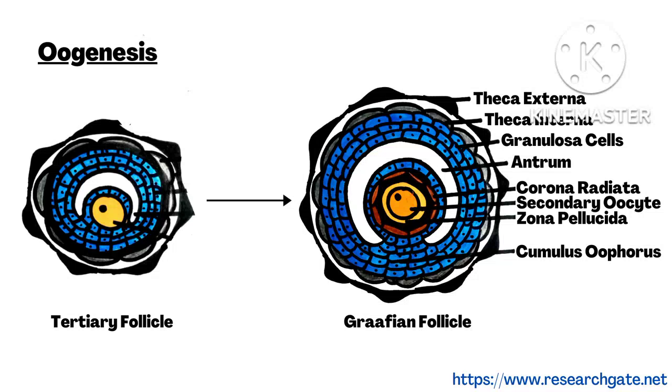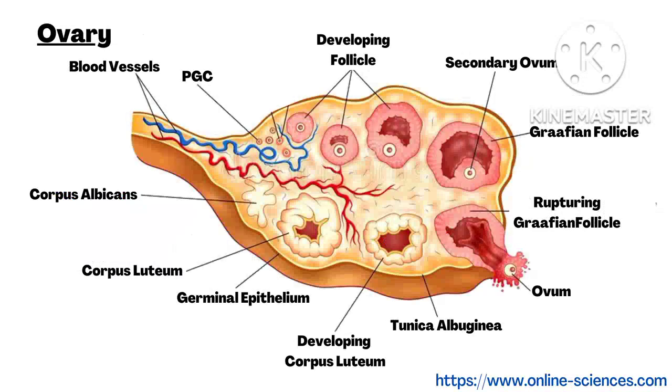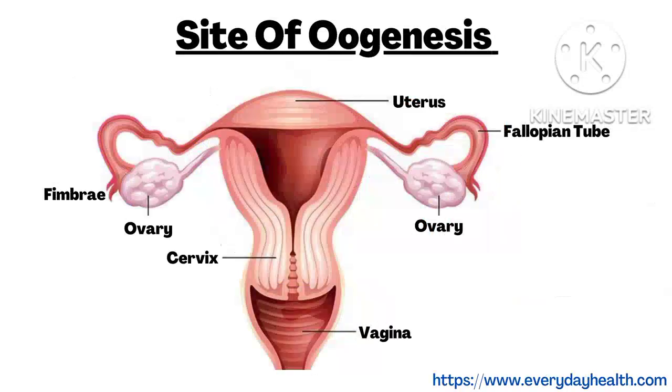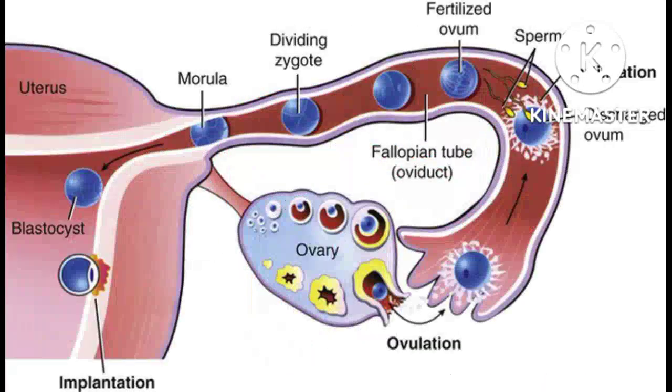Now, this structure comes closer to the germinal epithelium of the ovary, and the secondary oocyte oozes out from the ovary, and it is caught by the finger-like projections called fimbriae. This secondary oocyte waits in the fallopian tube for the sperm at the meiosis 2 metaphase stage.